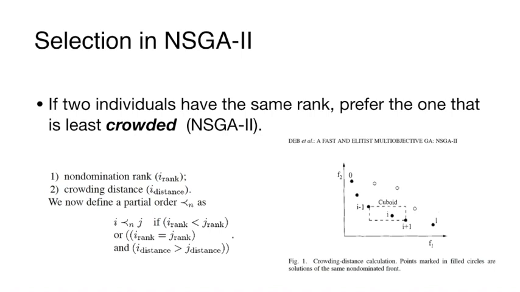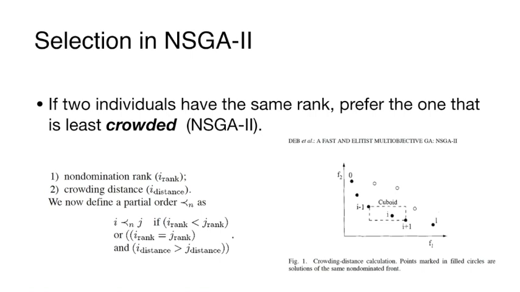For that purpose, NSGA-II uses what it calls a crowding distance. To measure this crowding distance, NSGA-II draws a cuboid. In this case, because there are only two objectives, the cuboid is replaced by a rectangle. So it draws a rectangle around the solution of interest in the multi-objective space.